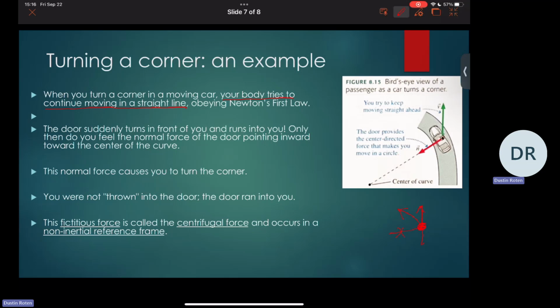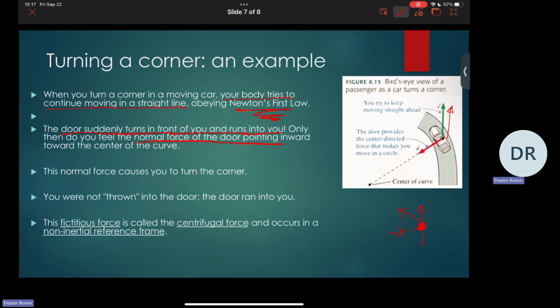Okay, so same thing here in this car. What's going on is the car starts turning, but your body obeys Newton's first law and wants to keep going in a straight line, and you can see that over here on this free body diagram. Even though the car starts turning, you in the car want to keep going straight, which means quite literally, it sounds weird, but the door suddenly turns in front of you and runs into you. Only when the car starts turning and you hit the side of the car do you get that normal force from the door.